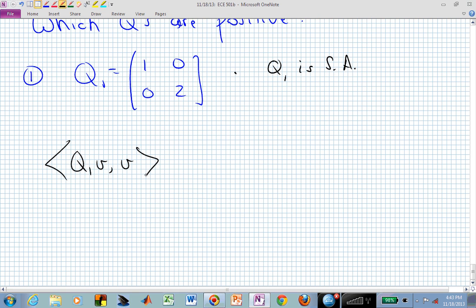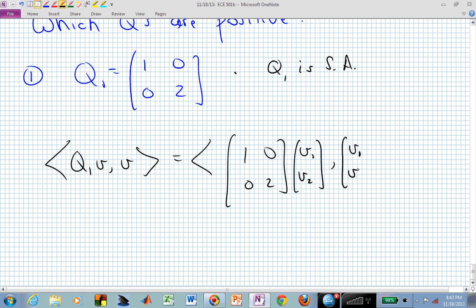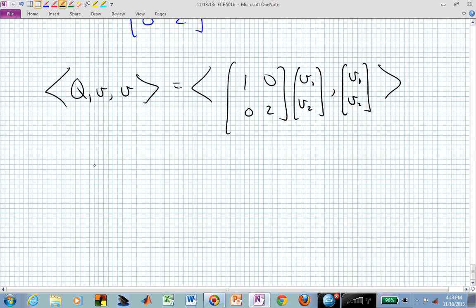Now let's just look at the inner product Q1V with V, and this is one way of thinking about what's going to happen. Now you have this inner product of a matrix with V, and let me just make V have a couple of coordinates. If I form the first matrix vector product, I now have a vector V1, 2 V2.